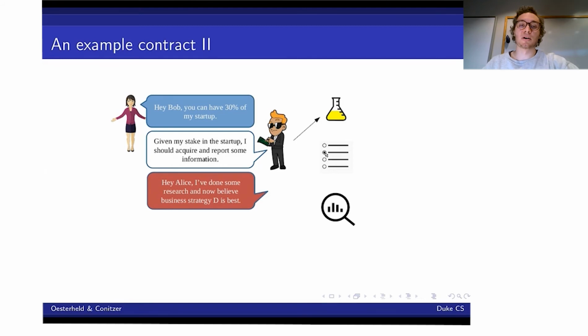So he does so, and again he goes to Alice and says, "Well, here I've done some research, and I now believe this strategy is best." And now, because Bob gets more money, he's more invested in the project, and so his advice is probably higher quality because the information that he's willing to pay for is higher quality. The problem, of course, is that now Alice gives Bob a much higher share of the startup.